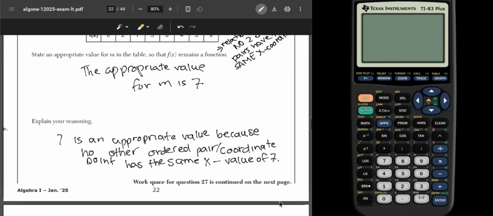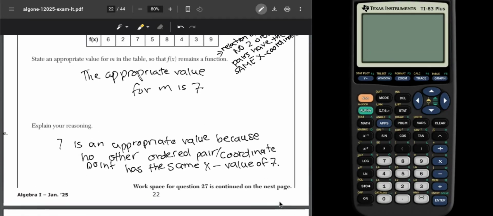That's it. And that will give you a point because each point has a different output.